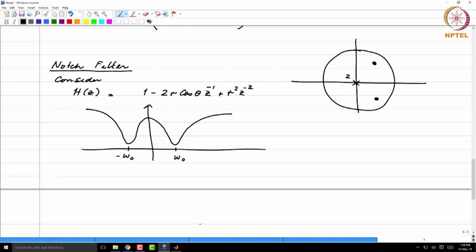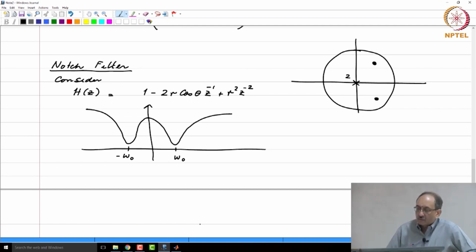Now based on the name notch filter, you expect the filter to actually completely eliminate a certain frequency. So for that to happen, you need to let r become 1.